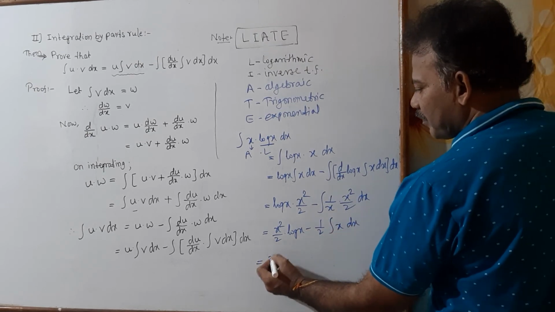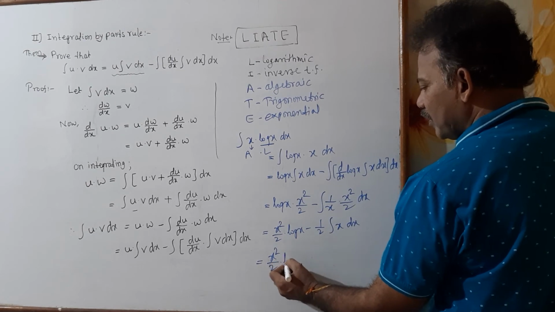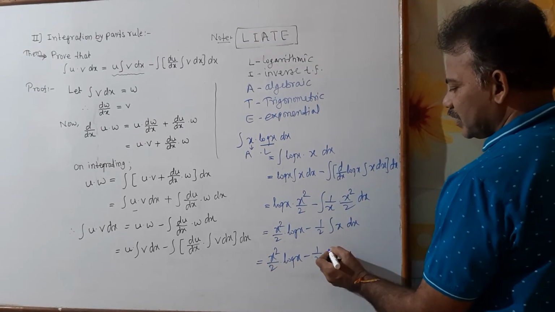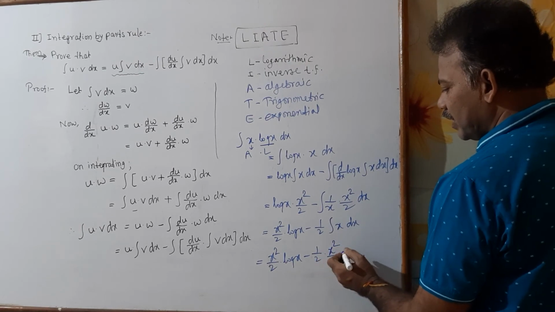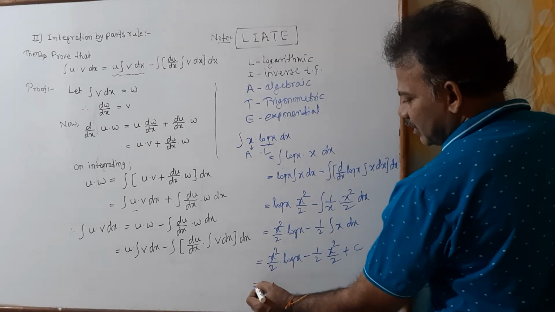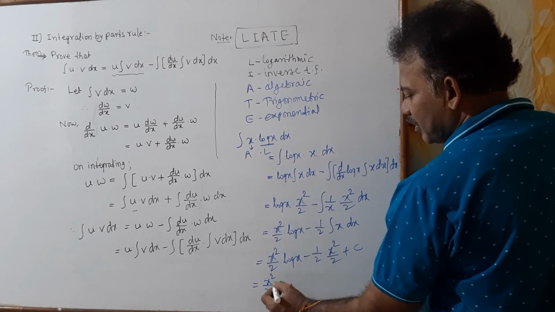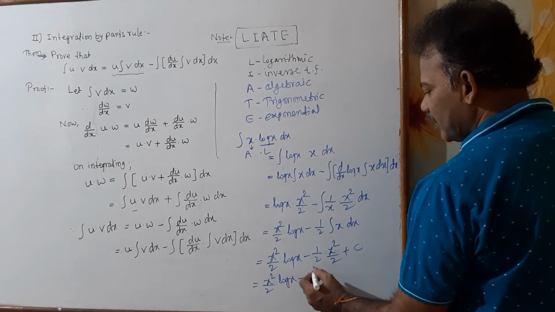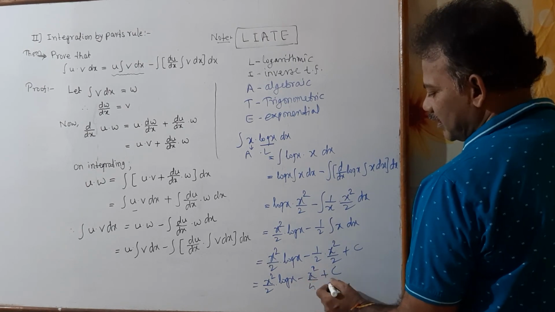So it is x square by 2 log x minus 1 by 2 times the integration of x, that is x square by 2, plus c. Thus we get the solution: x square by 2 log x minus x square by 4 plus c.